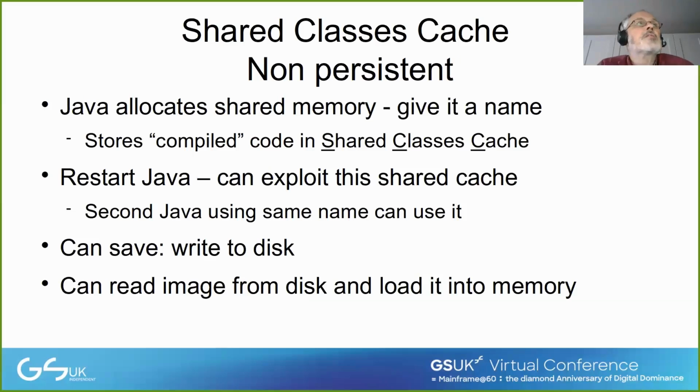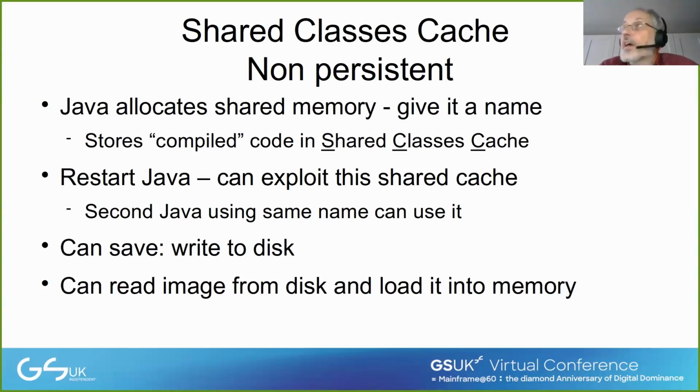Now, a bit of technical stuff. There's two caches. You can use non-persistent and you can use persistent. I'll mention persistent caching in a couple of minutes. Java allocates a shared memory segment and gives it a name. And it stores the stuff in, hence it's called the shared classes cache, or SCC. So you'll see lots of references to SCC in the documentation.